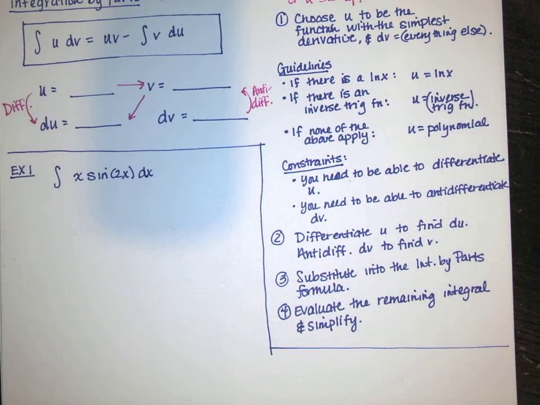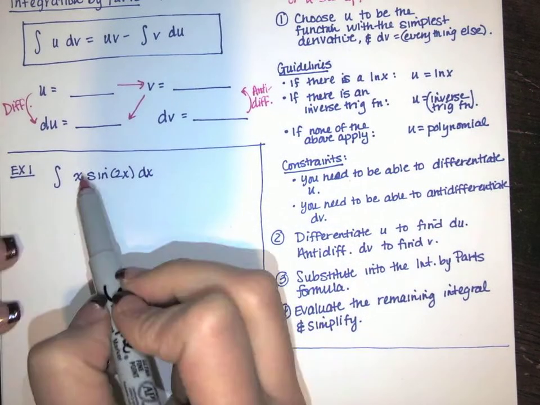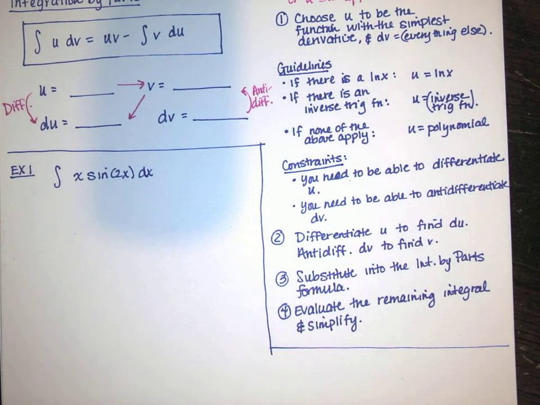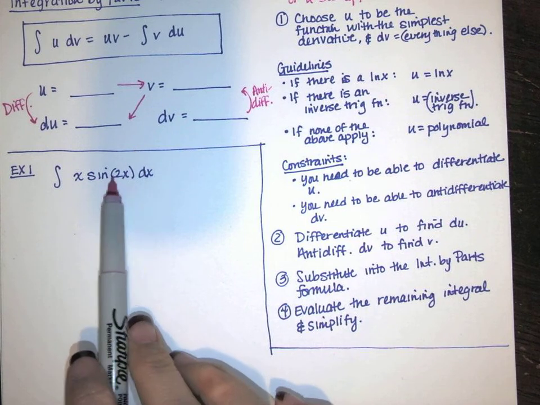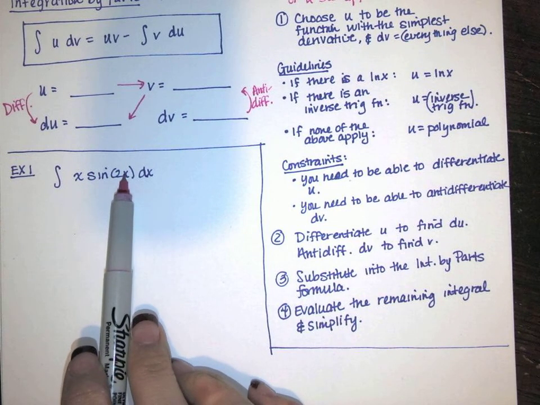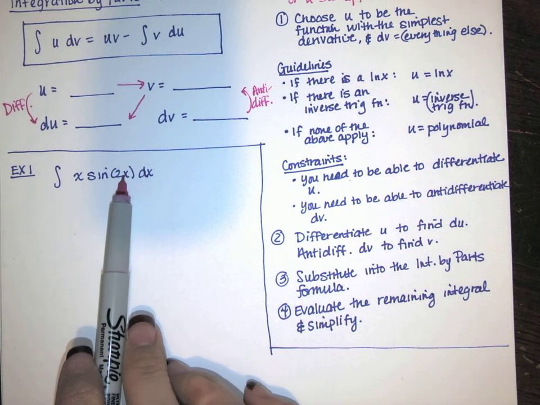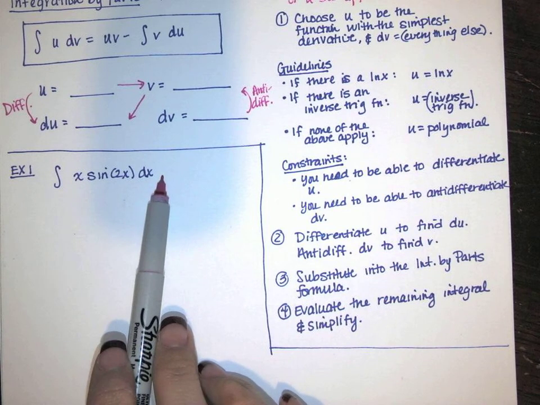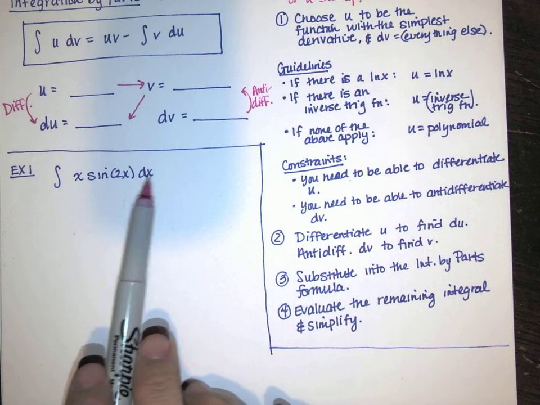Now first of all, I ask myself, do I have a basic rule for this? And I don't, because I've got a product, and we don't have an antiderivative rule for products, except for this one. Then I would ask myself if u substitution applies. Well, u sub might apply because of the 2x that's inside, but the derivative of 2x is just a 2. And I've got an x dx here, not a 2x dx.